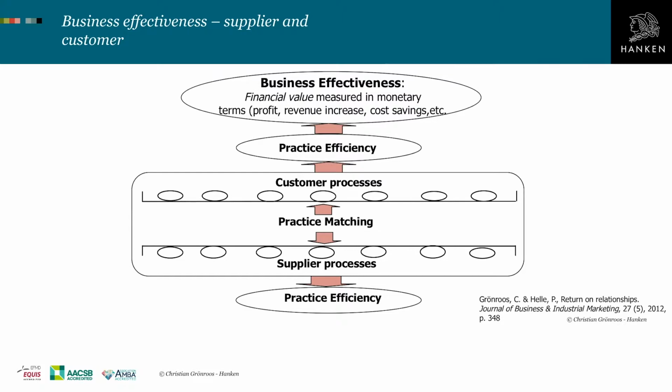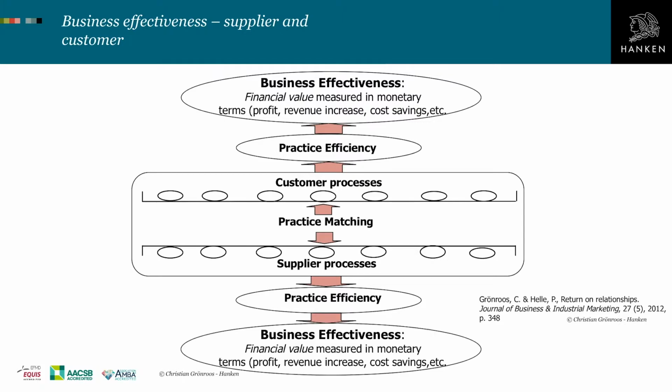Because if the customer processes are now run in a more efficient way, we probably either save costs or get price increase opportunities or additional sales opportunities, or all of this, which creates a business effectiveness. Easily put, the economic result of the customer has improved.